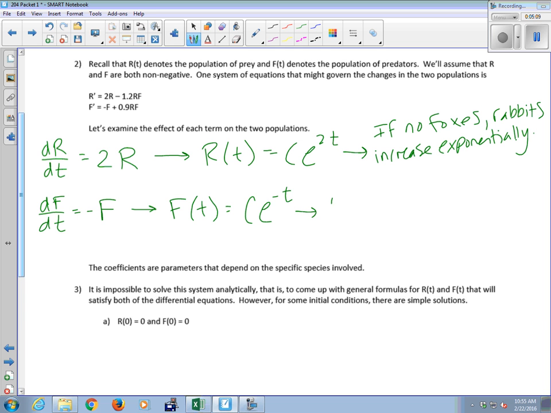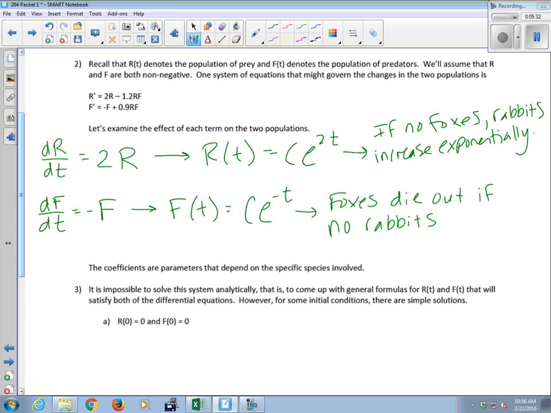So foxes die out if no rabbits. That's what the first terms tell us. The 2R tells us rabbits grow if foxes aren't there, and the negative F tells us that foxes decay if there are no rabbits.